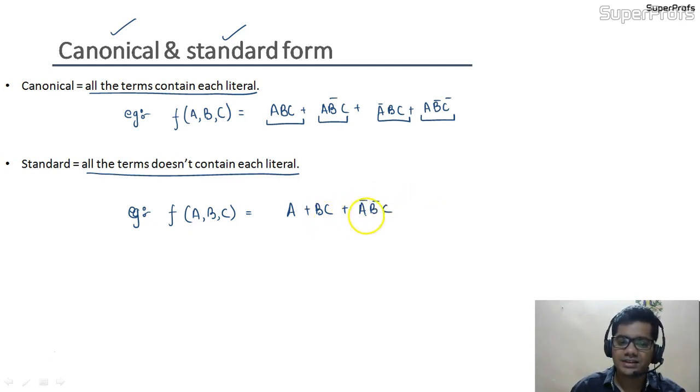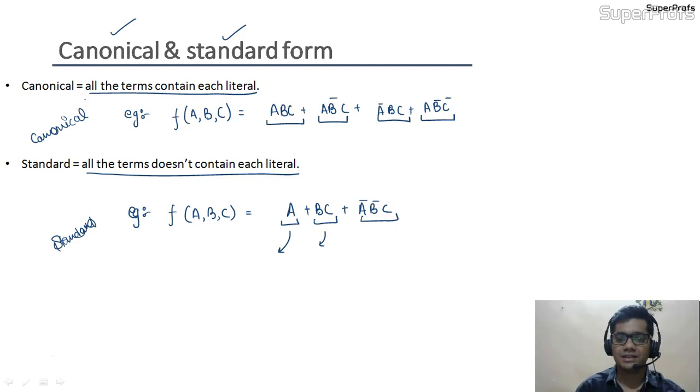If we consider these three terms, we can see that not every term has all three literals, because in the first b and c are not present, in the second a or a bar is not present, and in the third all three are present. So this is known as the standard form, and the earlier one is the canonical form. This is the difference between the standard and the canonical form.